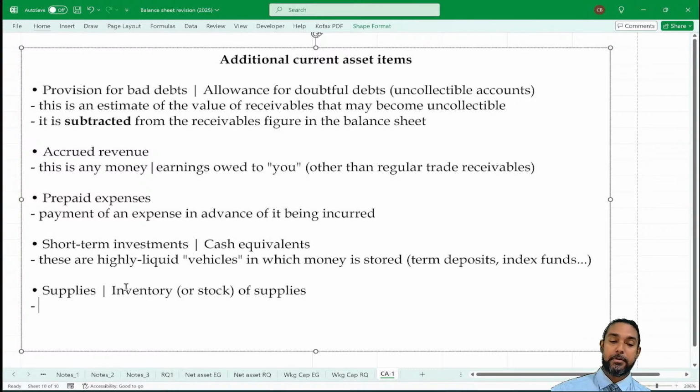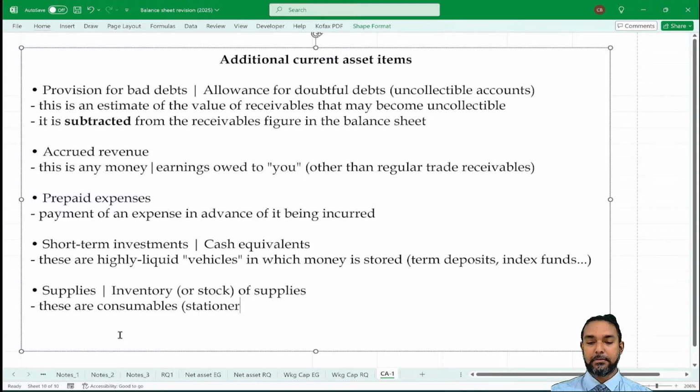Anyhow, long story short, these are consumables, like stationery and cleaning items, that the entity will use in the near future.